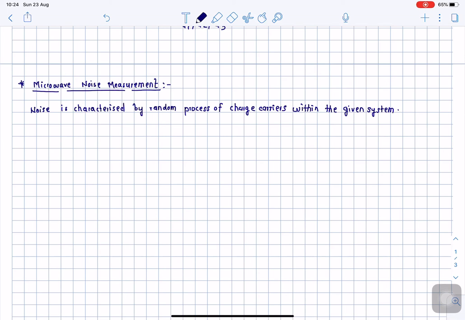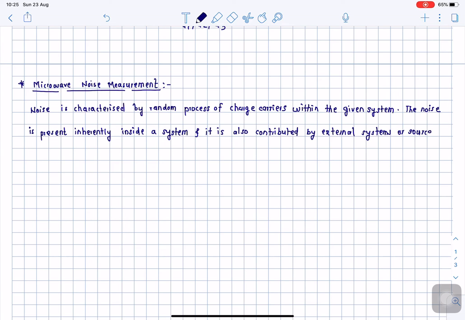So the noise is present inherently inside a system, and it is also contributed by external systems or sources.